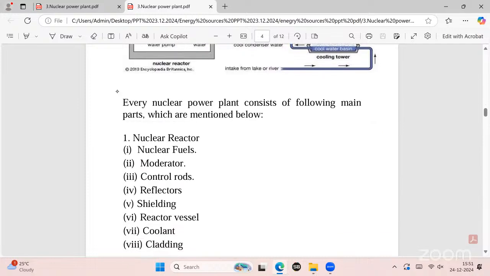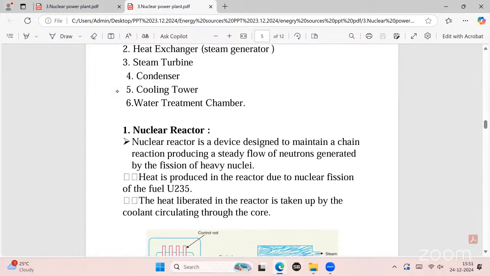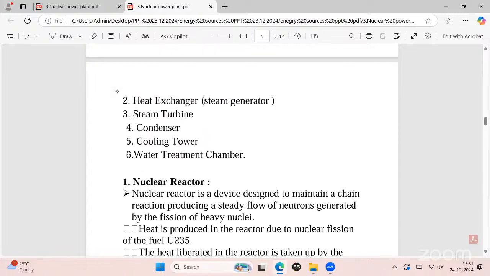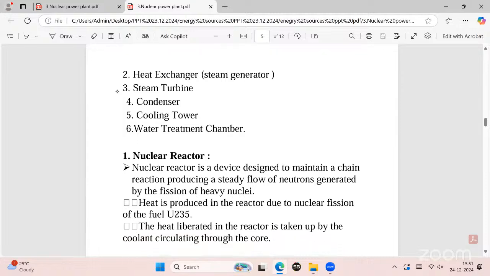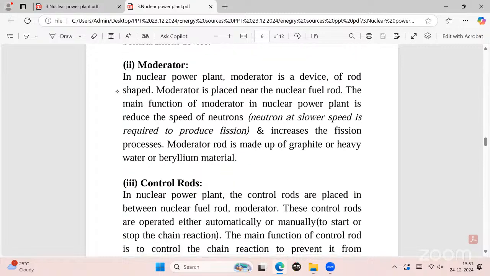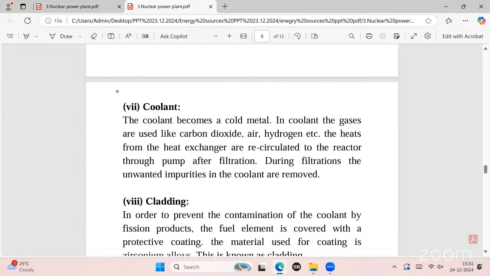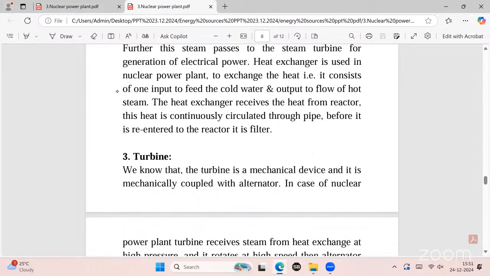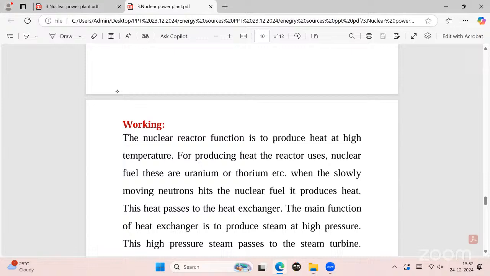Next, these are the components required: nuclear reactor, heat exchanger, steam turbine, condenser, cooling towers, water treatment. Explain each component. Then working operation, how it works.